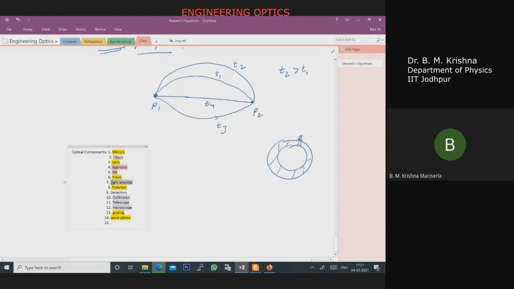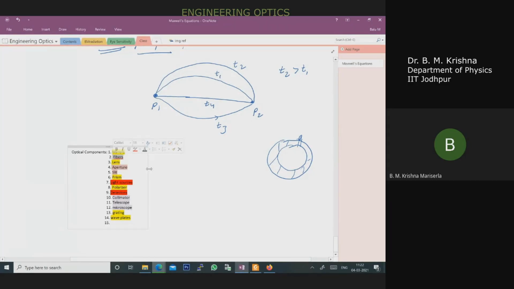And coming to light sources, this is a combination of your optical components and electrical components. It's completely a separate category. Light sources and detection, these two are called sources and detection. The fibers are also a part of the material medium.